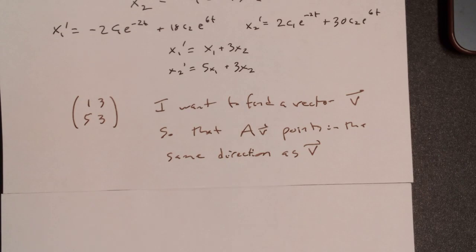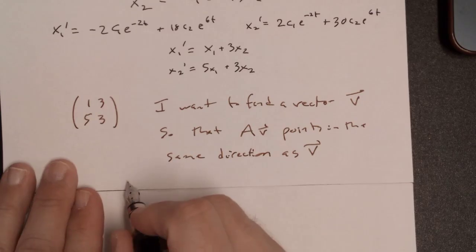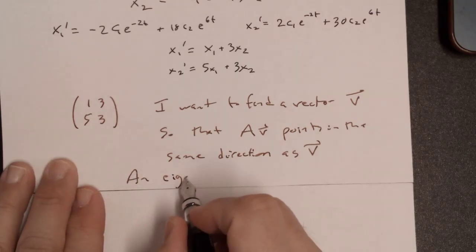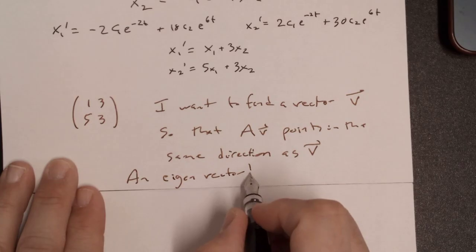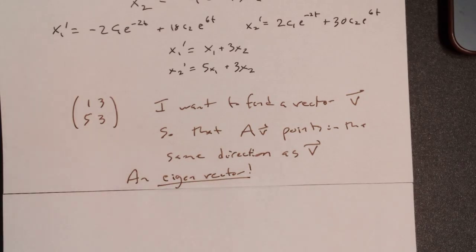If my eigenvalue is negative, I'm still pointed on the same line, I'm just pointed opposite. Eigenvector is a bastardization of a German word and an English word. It really should be called a characteristic vector or a characteristic value. But eigenvectors stuck around forever, so we're going to use that one.